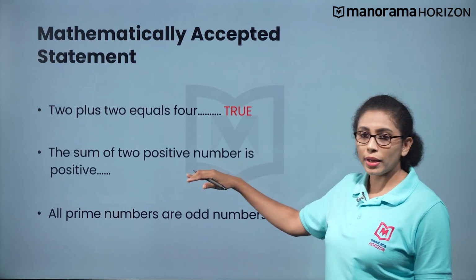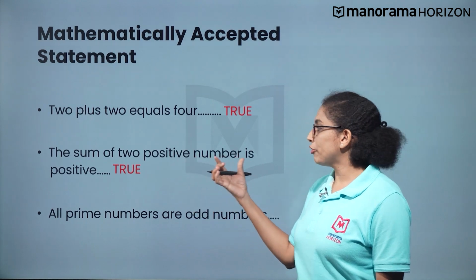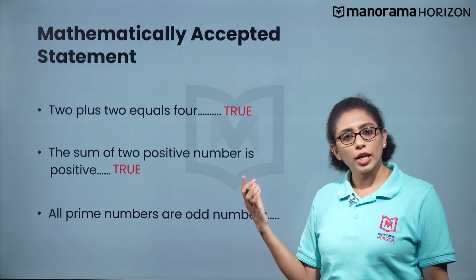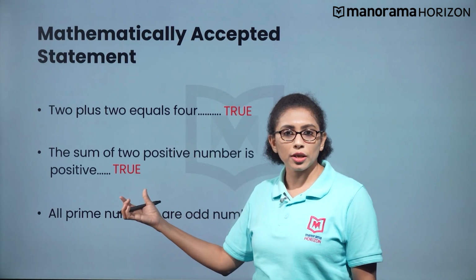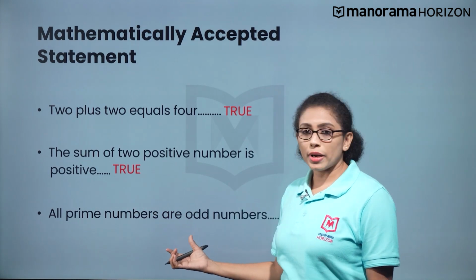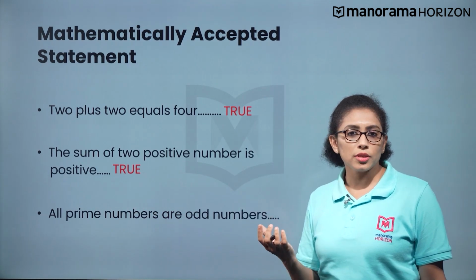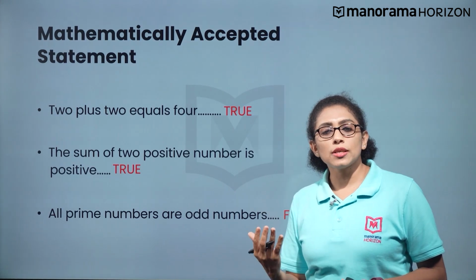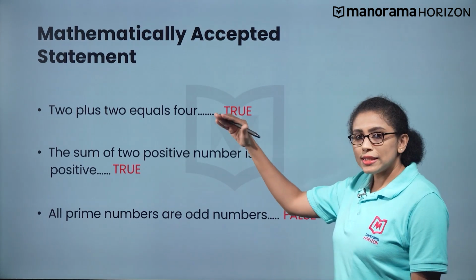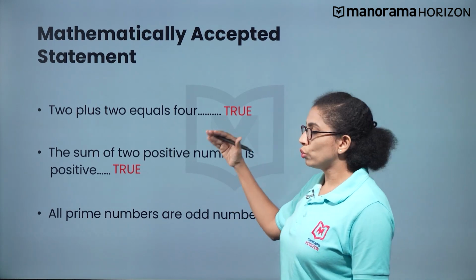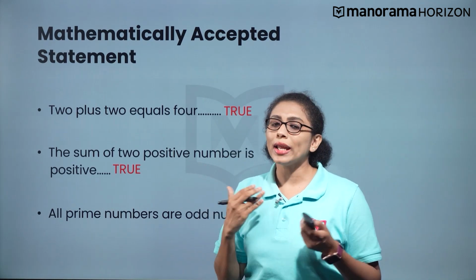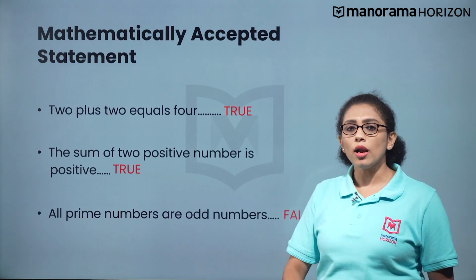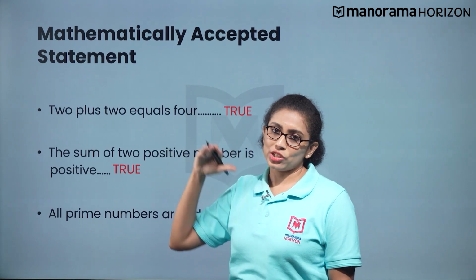The second statement, the sum of 2 positive numbers is positive, is obviously a true statement. The third statement, all prime numbers are odd numbers, is false because some even numbers are prime. All these 3 statements are either true or false without any ambiguity. So these are accepted mathematically.